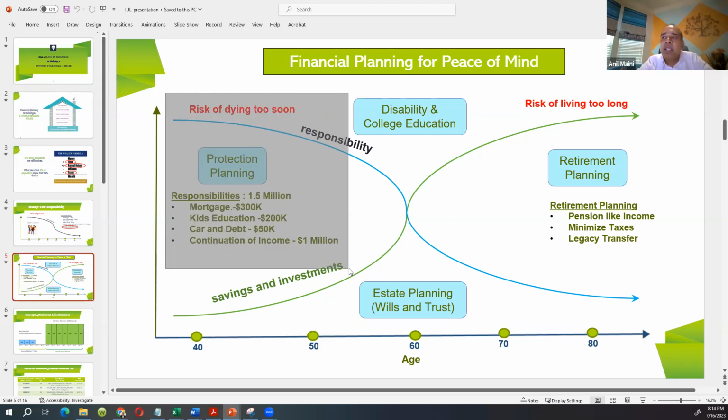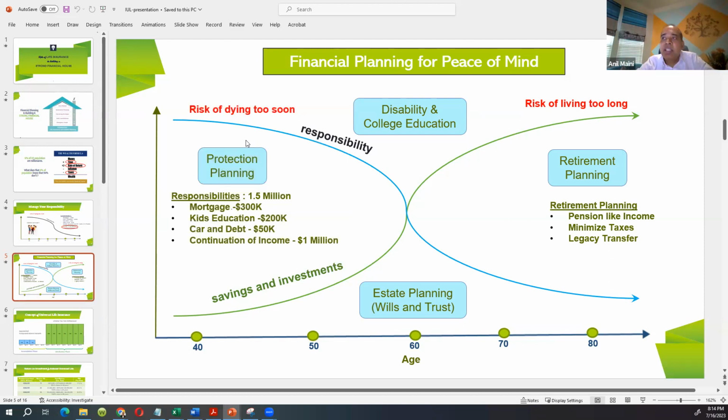The remaining amount will be paid off by the death benefit of insurance. Okay. So the first thing, their responsibility line, which is going down, right? In the young age, high responsibility. So their family is protected.